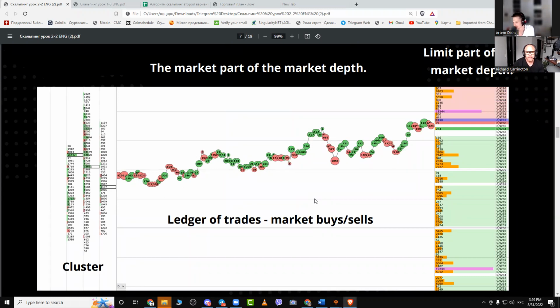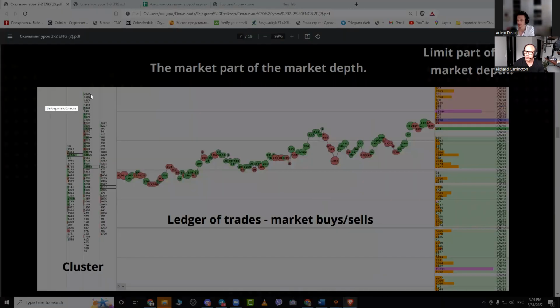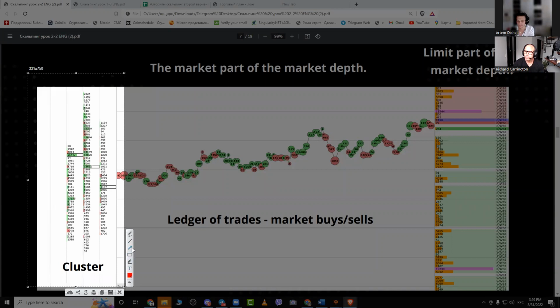Understand what is information. Understood what is information. Sure. Made this program. Cluster shows the volume this has passed through the ledger to buyer or to seller. It's all. Cluster shows you history.